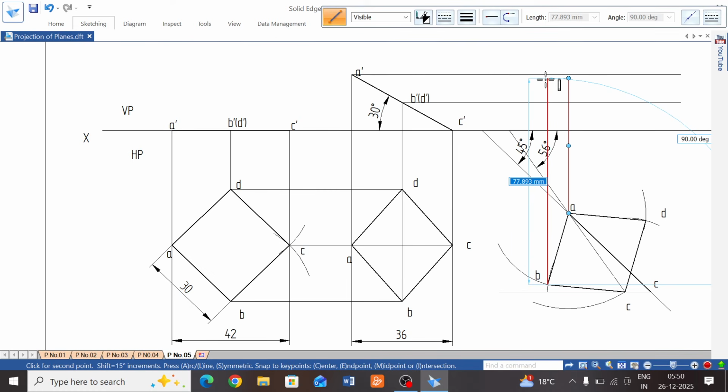Okay, 90-degree perpendicular line. Then C is exactly an XY line. Exactly on XY line. Okay, perpendicular. Next, D is midpoint.